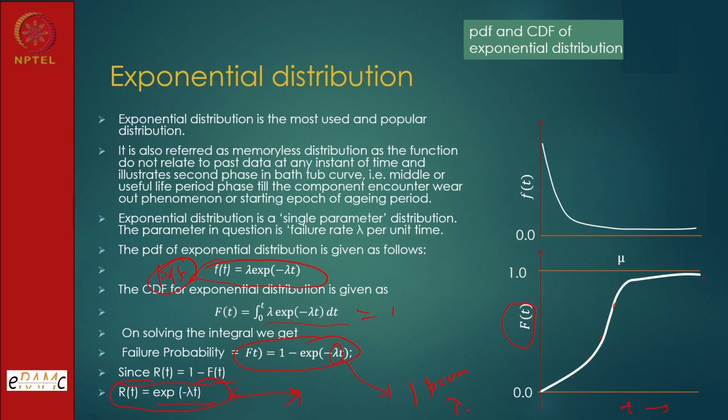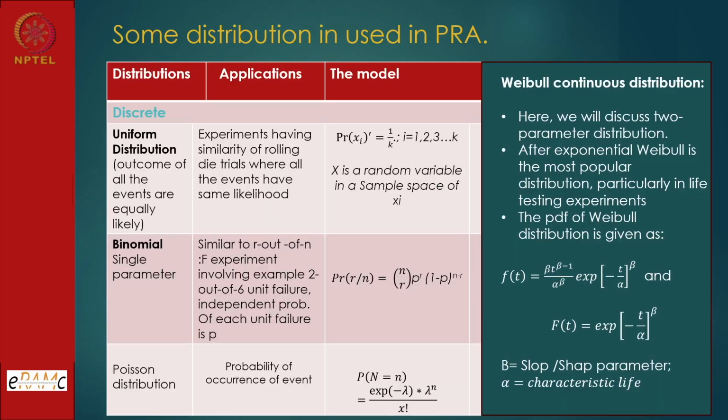Now we see some other distributions. I have not discussed other distributions in detail, but we have got discrete distributions. Discrete distribution means, for example, how many buses will come; 1.5 buses will not come, it will be whole numbers. How many components will fail, when it is a number, is a discrete distribution.